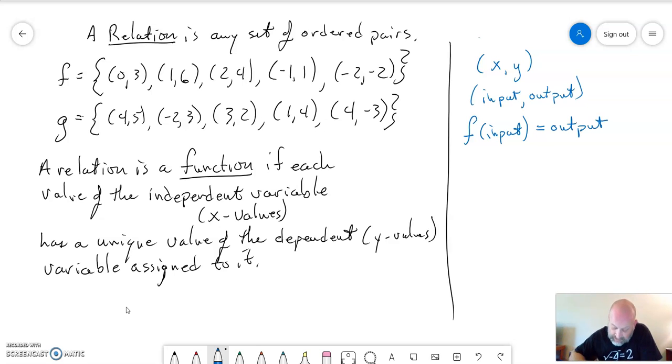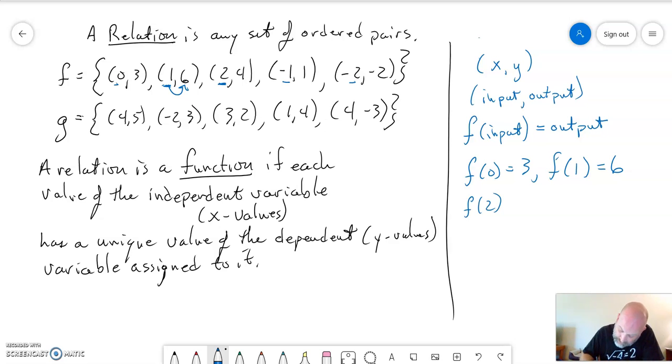And so in this case, all of these x values are my inputs. So if I look at f of 0, I get 3. f of 1 gives me 6. f of 2 will give me 4.